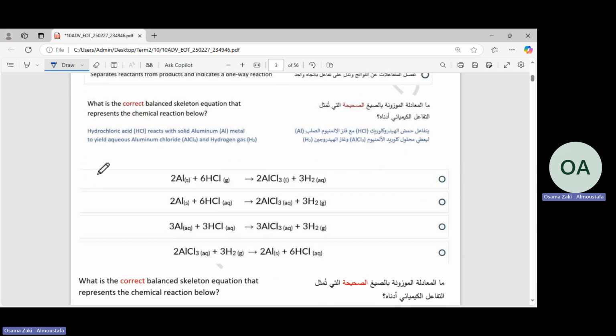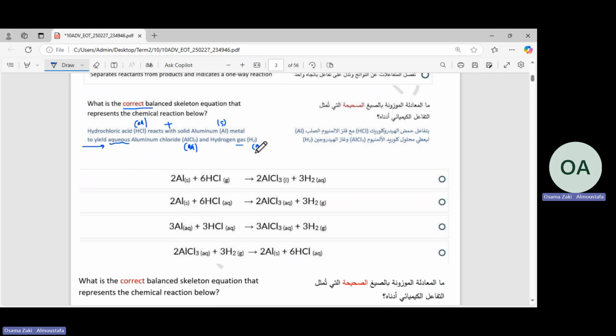Next one: what's the correct balanced skeleton equation that represents the chemical reaction below? Here we have hydrochloric acid, which is aqueous, reacting with solid aluminum to produce AlCl3, which is aqueous, and this one is gas.